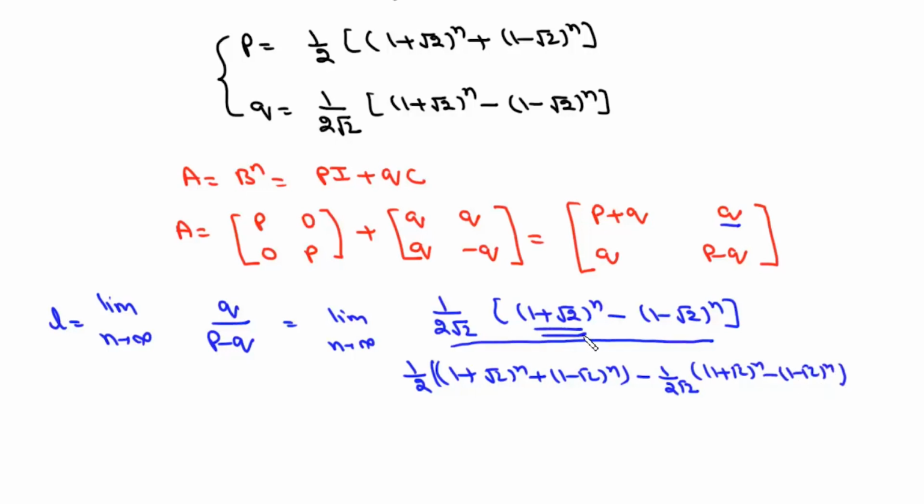Now we'll divide everything with (1 plus root 2) to the power n, and then we'll write (1 minus root 2) upon (1 plus root 2) as some lambda.